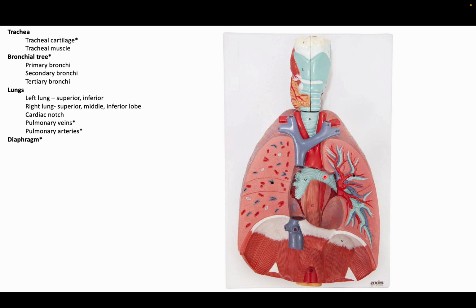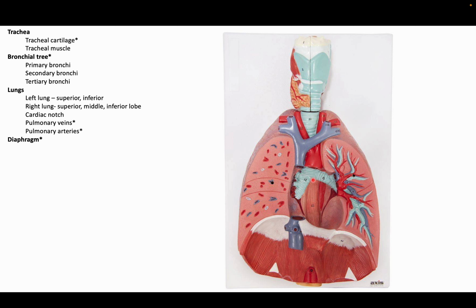The left primary bronchi here is going to branch off into the secondary bronchi. You can see the secondary bronchi here and here. And then the secondary bronchi are going to branch off further into the tertiary bronchi, which is found at the tip. And actually, it's at the ends of the tertiary bronchi where you will find the alveoli air sacs. This is the specific site where gas exchange occurs.